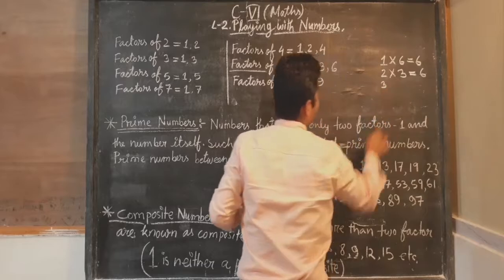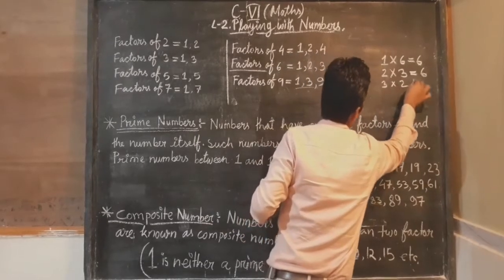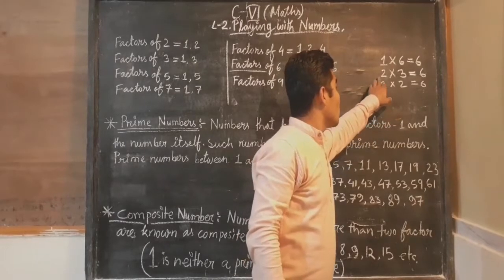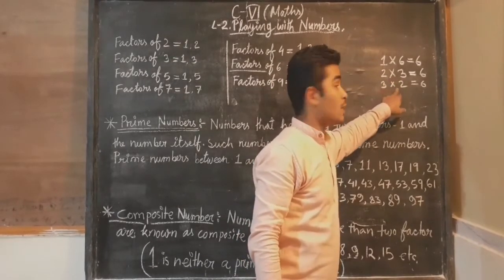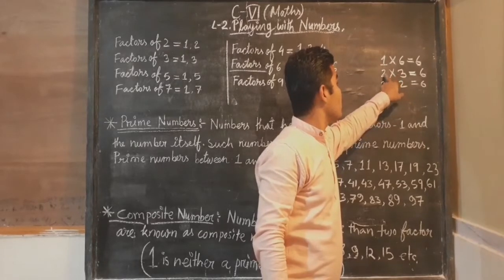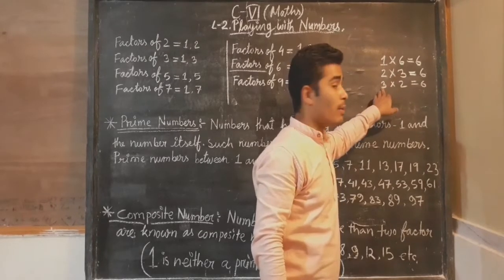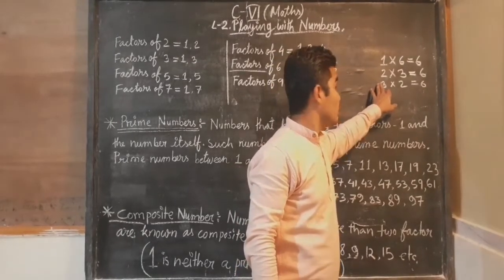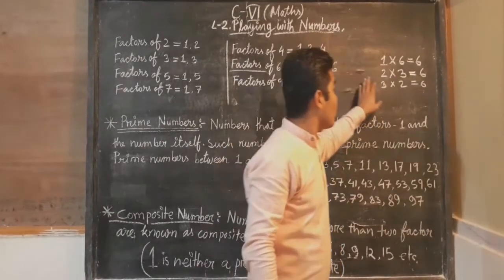If you go to the next table, that is 3, you can see 3 twos are 6. Now look carefully. 2 threes are 6 and 3 twos are 6 is the repetition of these factors only. So whenever any factors start to repeat, we should stop finding factors.